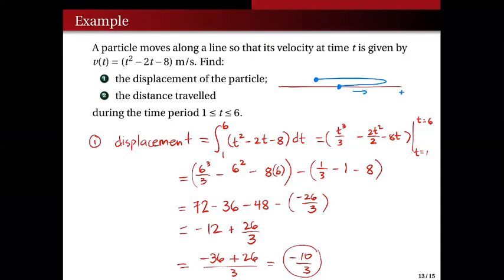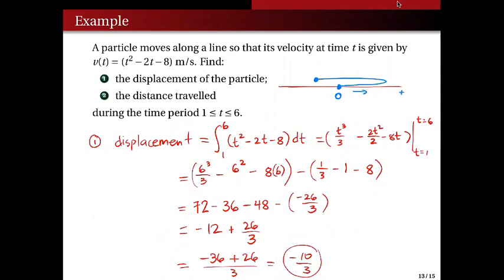So if this is the starting point of the particle, this is your 0. From here, it ended up at this particular point. Okay, questions? That's for the displacement.